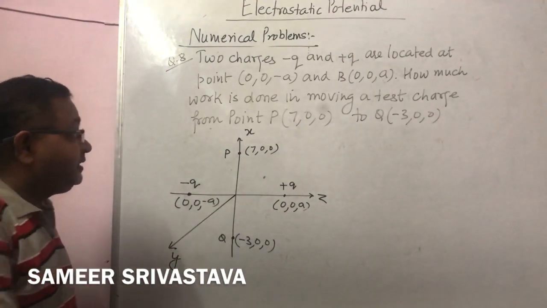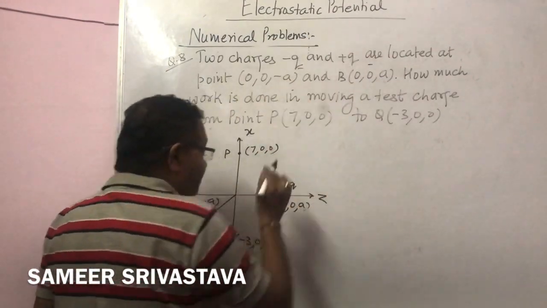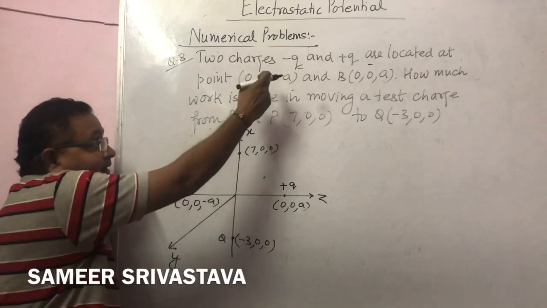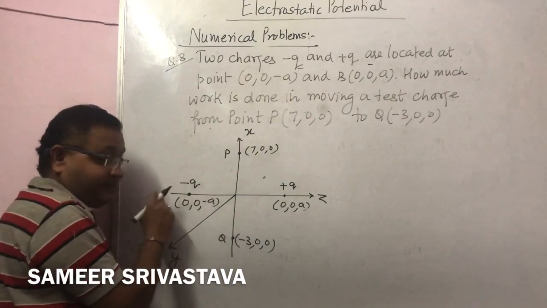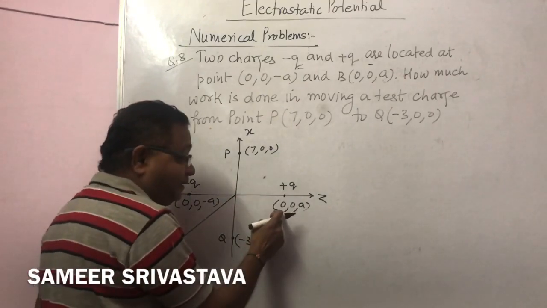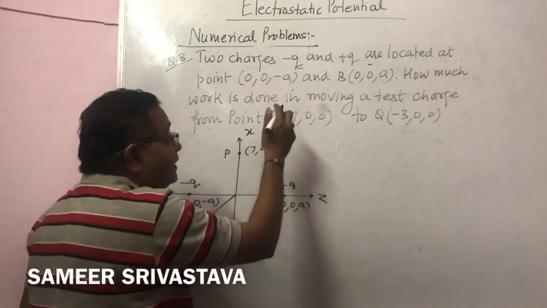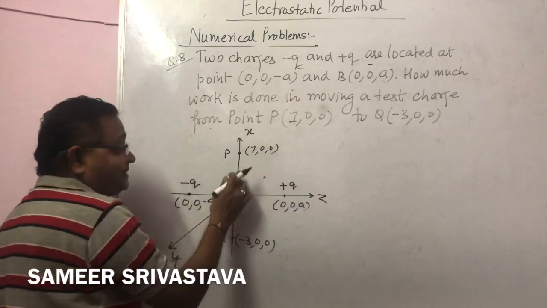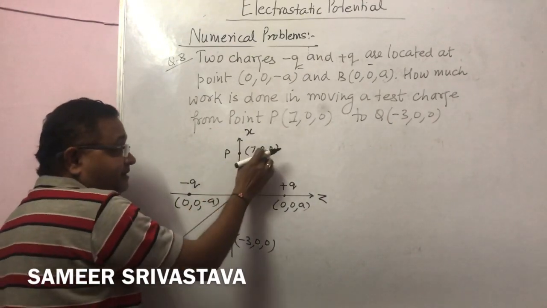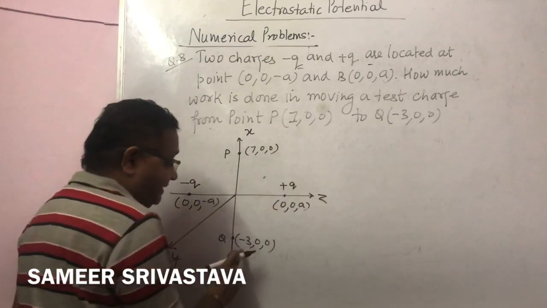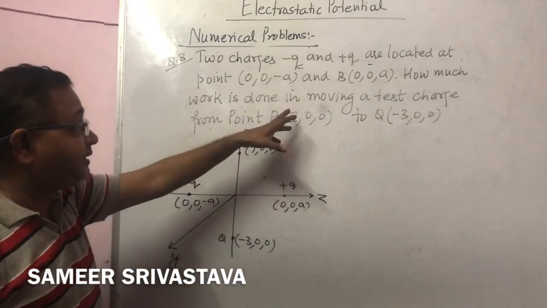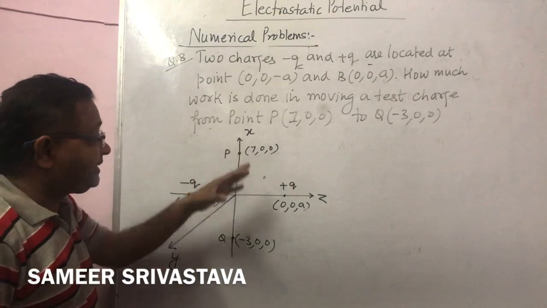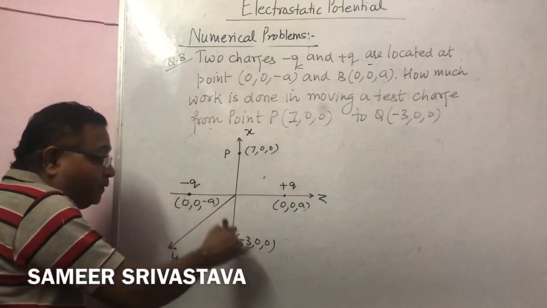Again I repeat, charge minus Q is at negative Z axis and plus Q at positive Z axis. Point P is on the positive X axis, point Q on the negative X axis. The question says, how much work is to be done in moving a test charge from the point P to Q?